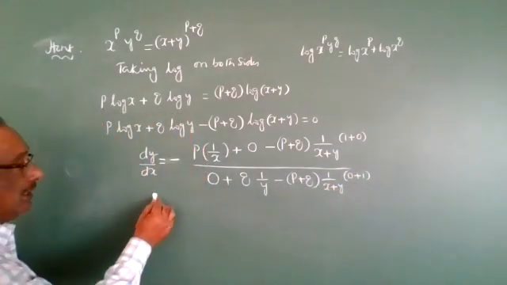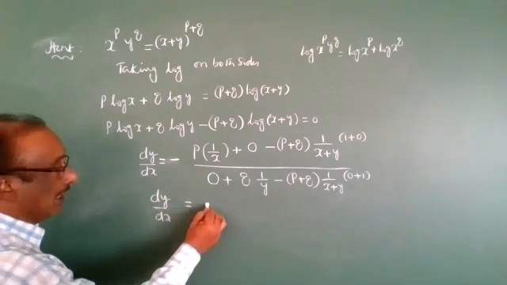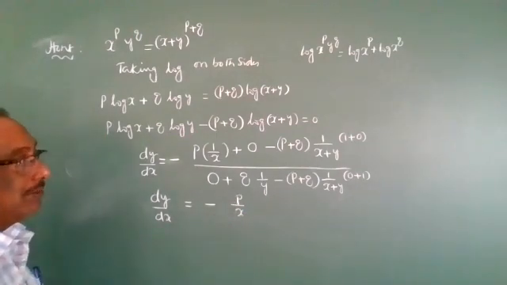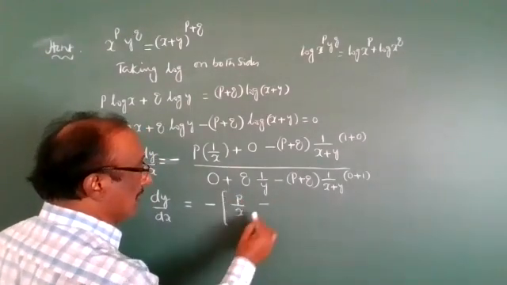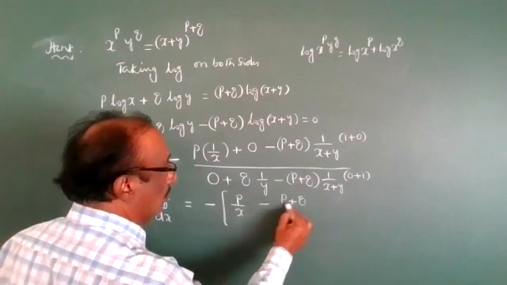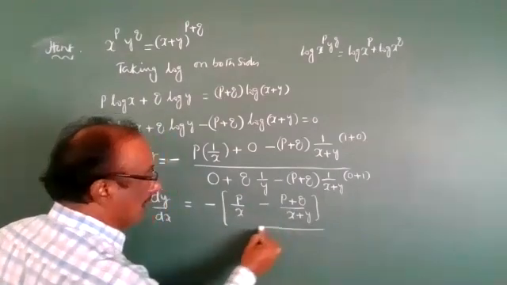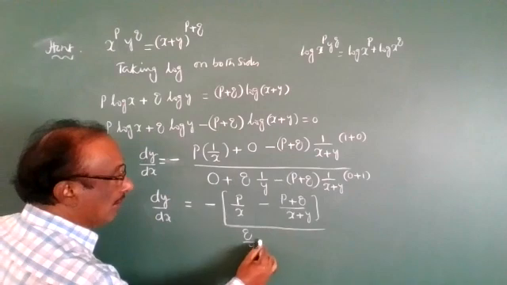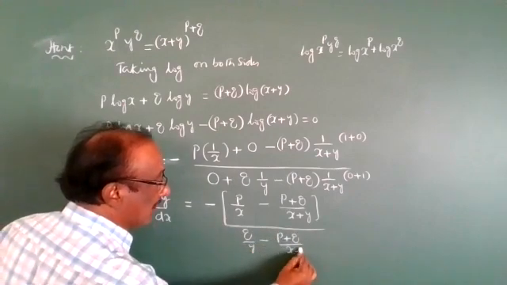Now simplify. dy by dx is equal to minus of p by x minus (p plus q) by (x plus y), over the denominator q by y minus (p plus q) by (x plus y).